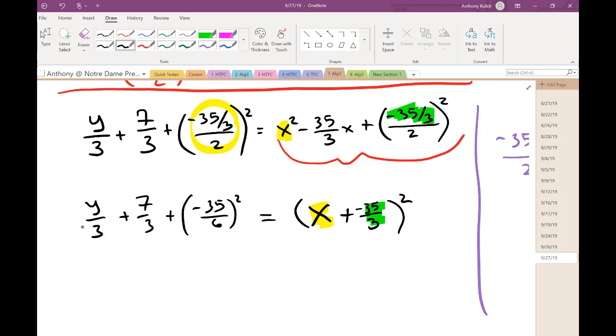Now we should do the negative 35 over 6 squared. I need a 35 squared. I don't feel confident doing that on the 8th hour on a Friday in my head, so I'm going to cheat and use the calculator. What? Completing the square problem? Absolutely.